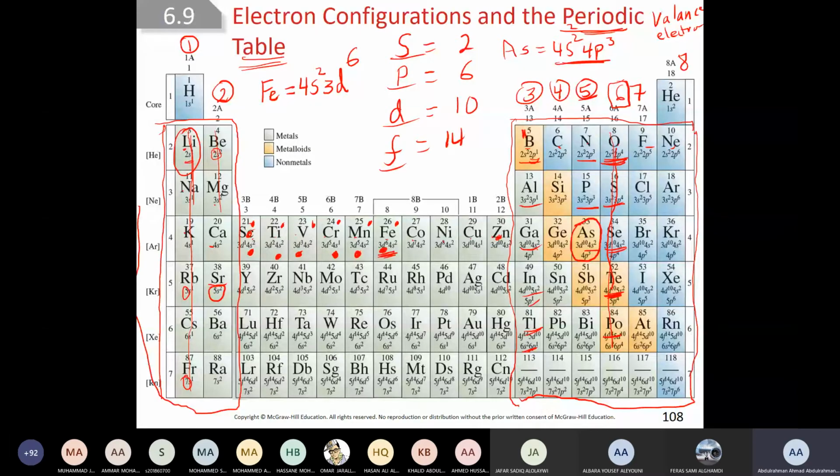Okay, next, if I want the structure of rhodium, this one, Rh. Now, I should start with what? 5s2, 4d what?